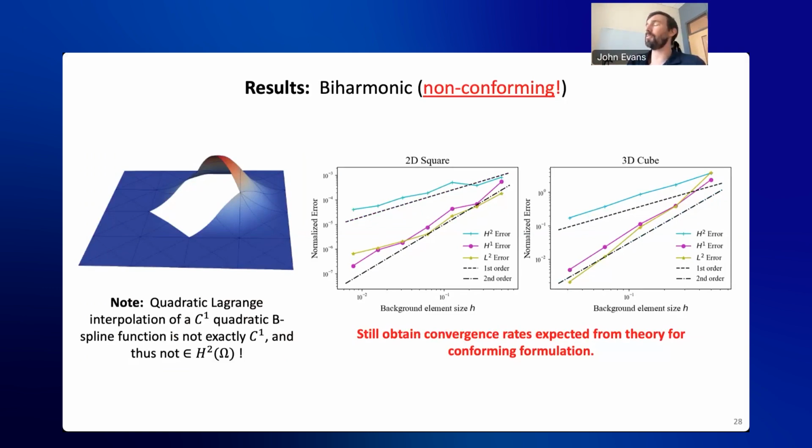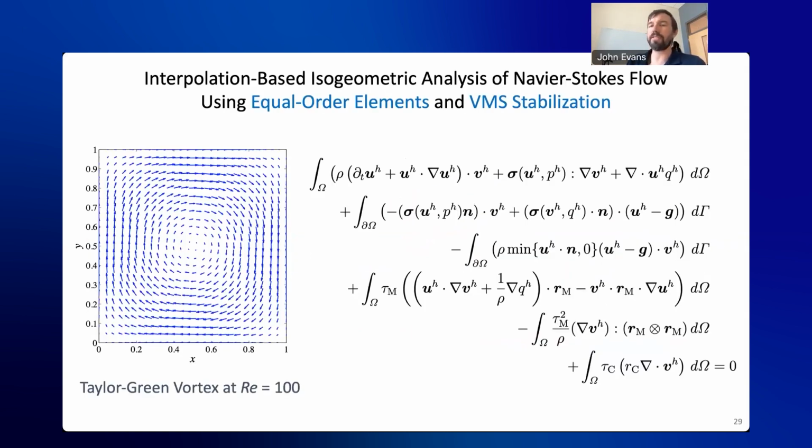But we find we are still able to solve these problems, even though our corresponding discretization is now non-conforming. So that's actually pretty exciting. It means that we can solve, for instance, plate and shell problems, and I'll demonstrate that a little bit later. And then we can look at, for instance, nonlinear problems such as fluid flow.